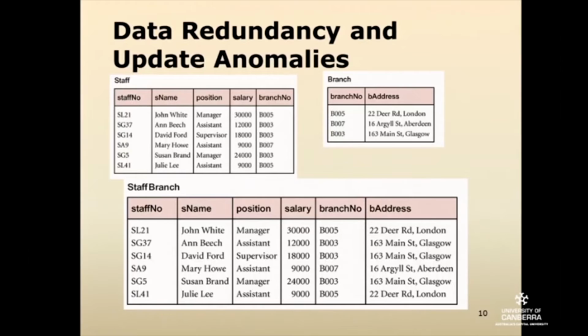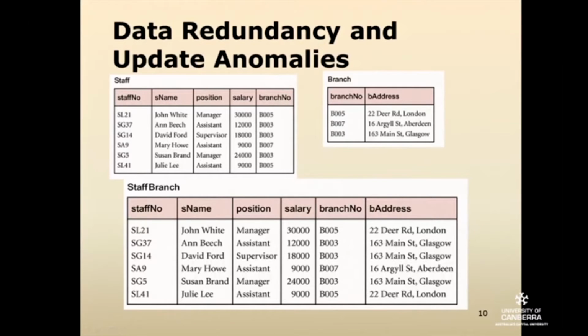Let's say the branch is too small and we change it to 24 Dearest Street, London. What will happen is that here in this table, staff branch, you have to do 2 updates. You have to update the address for B005 at 2 different places, in row 1 and the last row of this table.